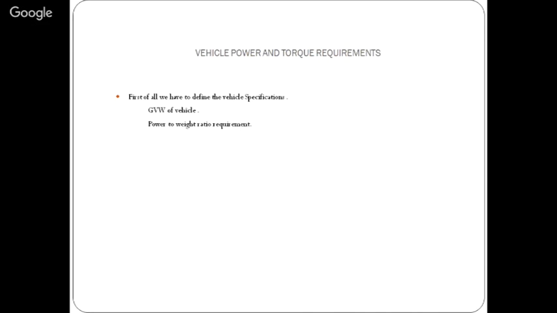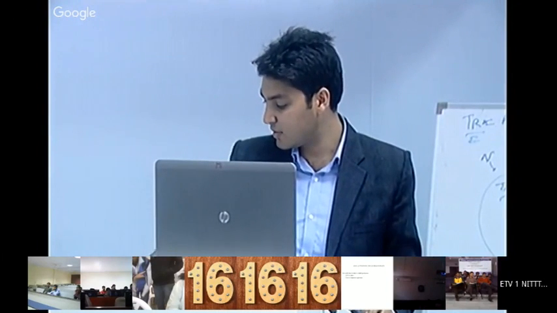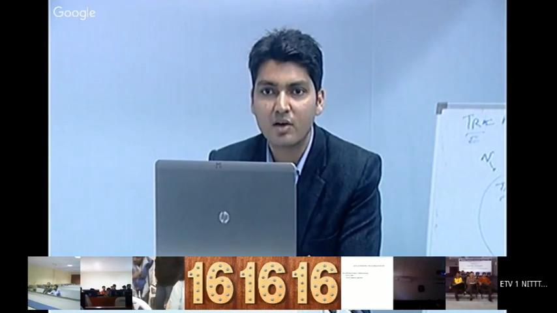And the power to weight ratio requirement. Then what is a power to weight ratio requirement? If I ask a question, you all have cars and vehicles with you, you are seeing trucks and trains over there.